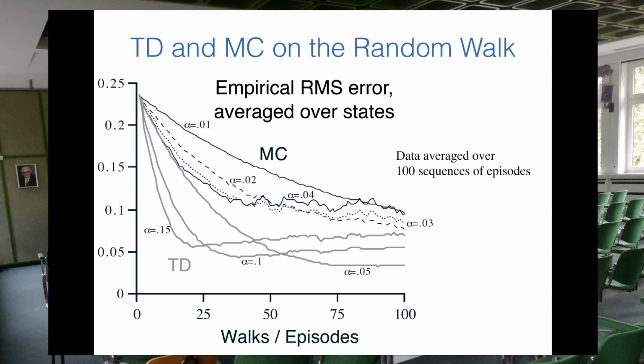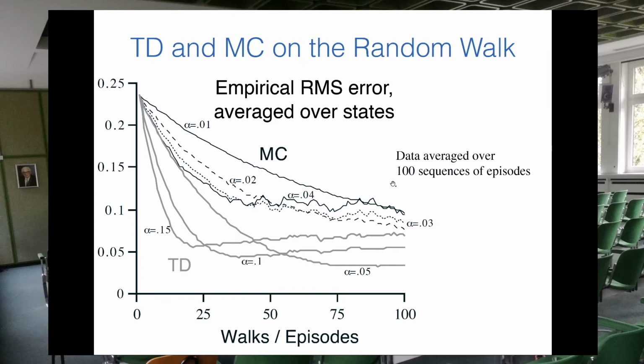If we compare Monte Carlo versus temporal difference for this same problem, we see that the error generated by the temporal difference algorithms is smaller than the error generated by Monte Carlo methods.